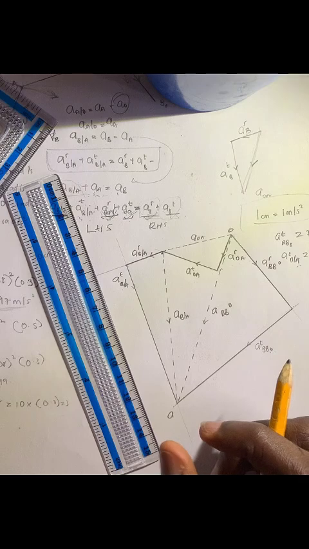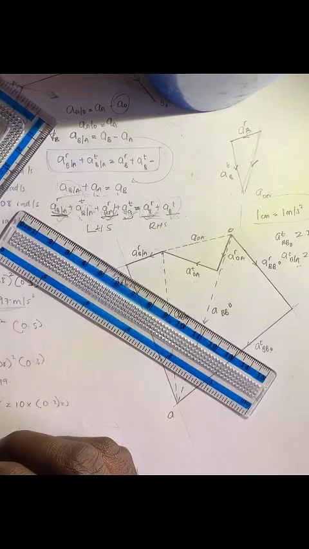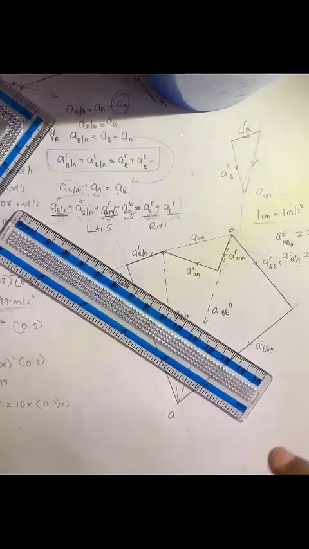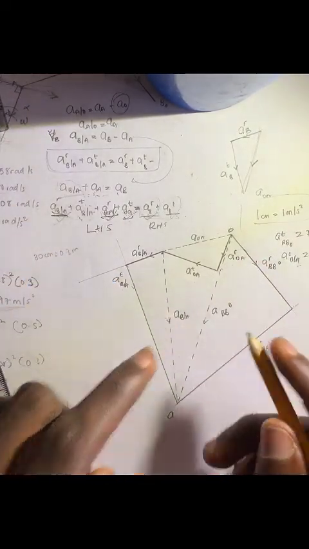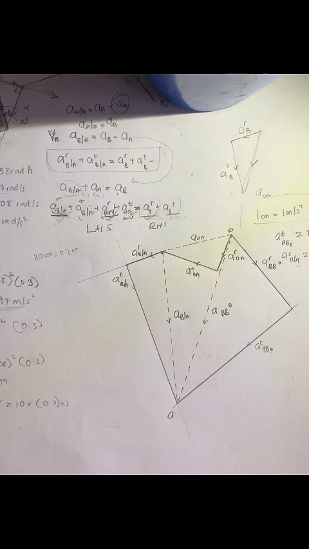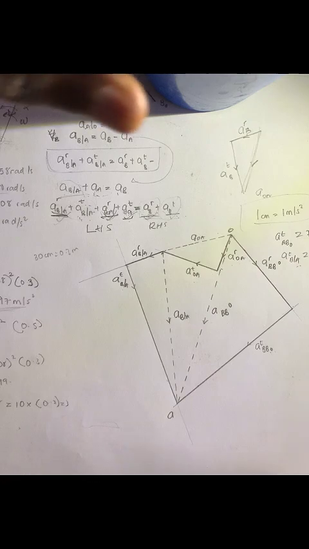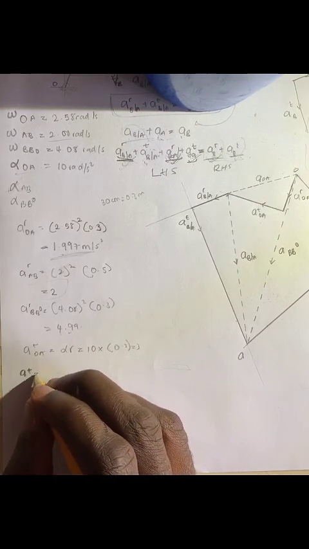So the question asked us to find the angular acceleration of link AB and BB0. So we just have to measure the tangential acceleration for link AB and for BB0, and we'll use the formula to solve for angular acceleration. Tangential acceleration, that is AT, is equal to angular acceleration times the radius.